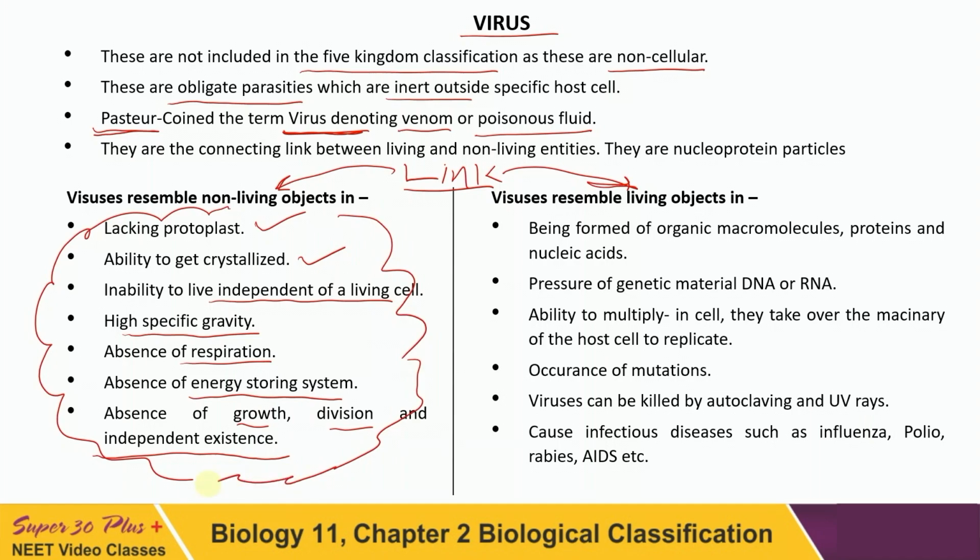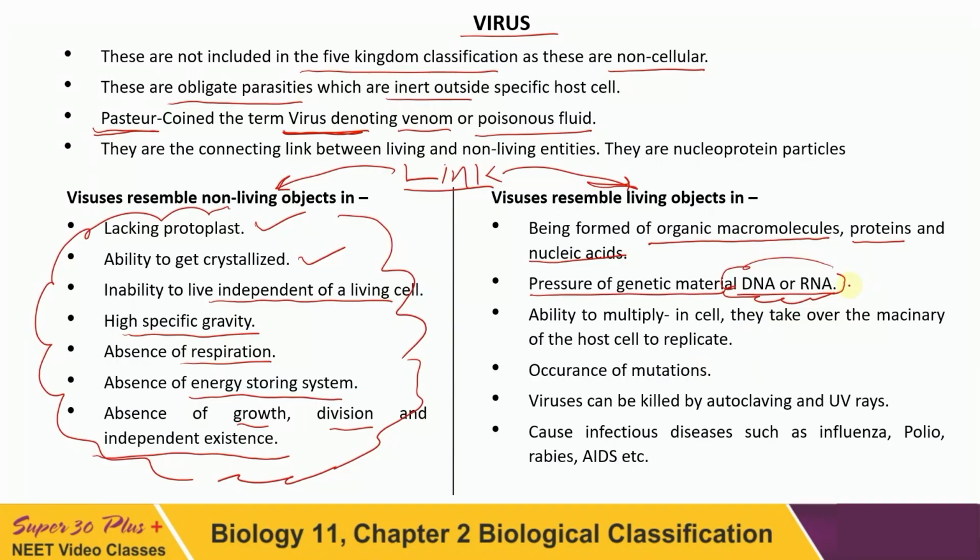But the interesting thing is, on the other side, some of the characters are, for example, virus has organic macromolecules like proteins and nucleic acids which are found only in livings. It has genetic material, DNA or RNA, an important point: DNA or RNA, never both.